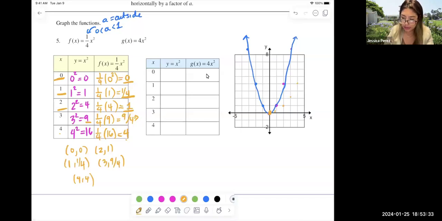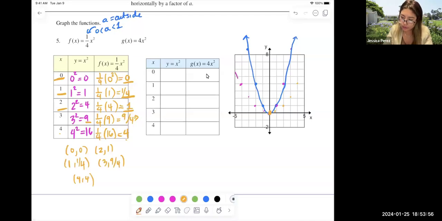Like this. So we know, again, we're going to have a reflection. At 2, we're going to have a 1. At 3, we're going to have 2 and 1/4, and then at 4, we're going to have 4 by symmetry.